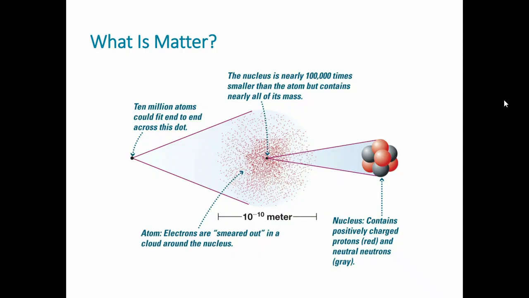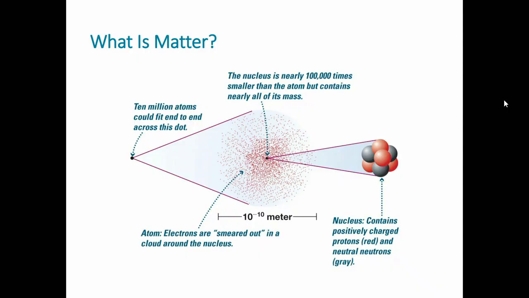So an atom might look something like this, where there's a very dense nucleus made out of protons and neutrons, and then there's a cloud of electrons that are bound to that nucleus.